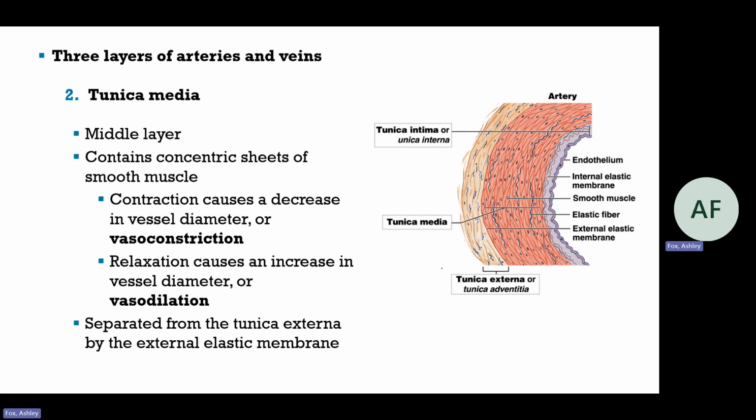At least in arteries, this is where vasoconstriction and vasodilation occur. If all of this smooth muscle contracts, then all of a sudden it's going to go from this lumen opening to all of a sudden this. This is a decrease in vessel diameter. There's a smaller hole for blood to go through here than here. And so this is called vasoconstriction.